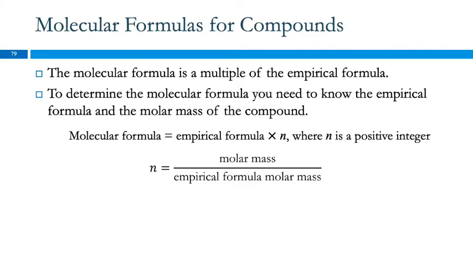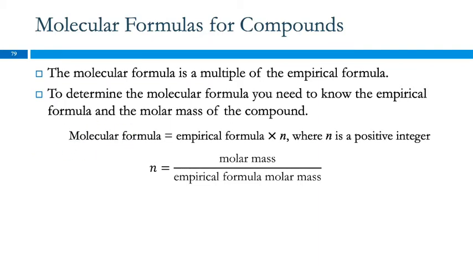The molecular formula is the empirical formula multiplied by a whole number, a positive integer. That could be 1, in which case the molecular formula and the empirical formula are the same. It could be 2 or 3 or 4. The empirical formula is the lowest ratio, and the molecular formula gives us the actual ratio.